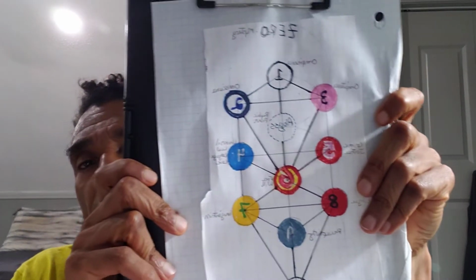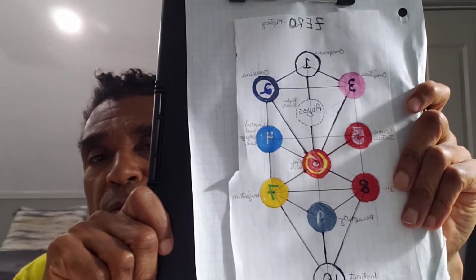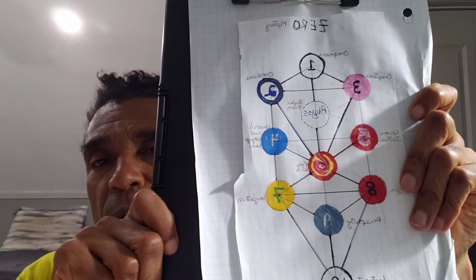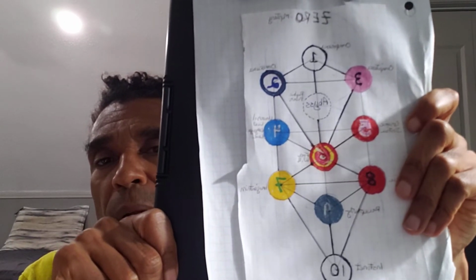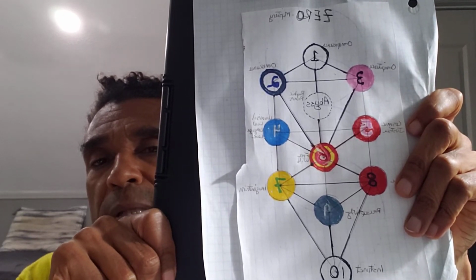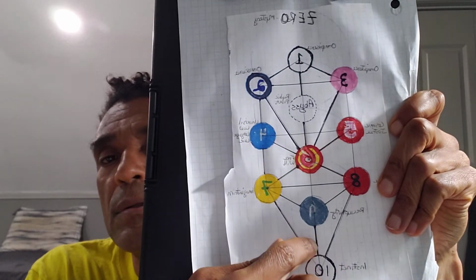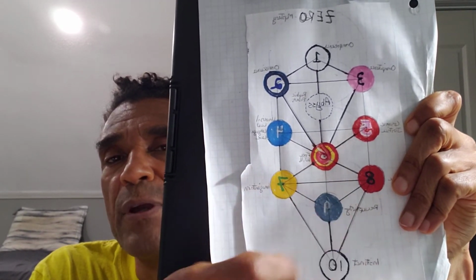Okay, so this is the tree right here. This is an ancient diagram. It goes back to at least ancient Egypt. It wasn't all colored in like this, but the basic diagram, the circles and the lines and the configuration.